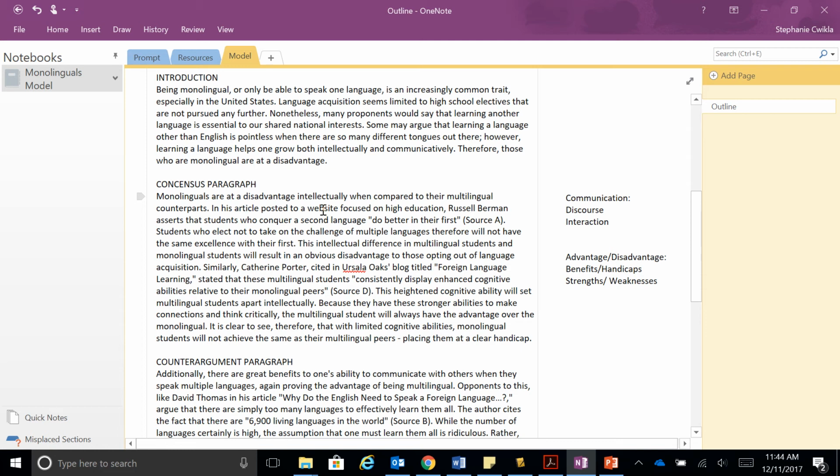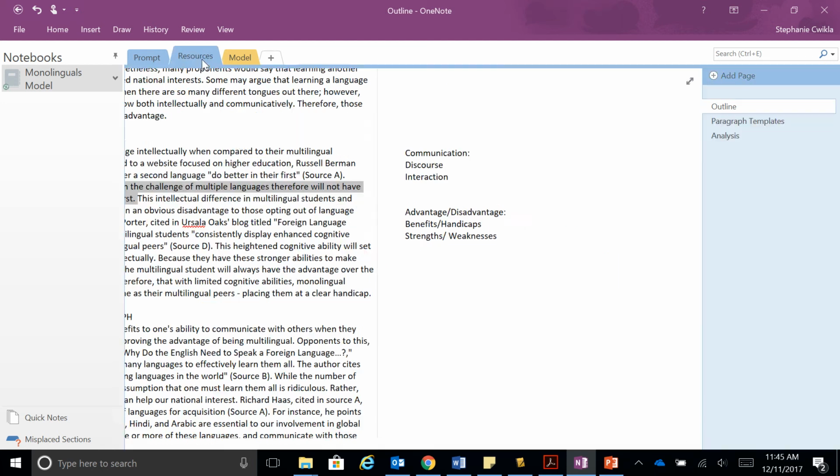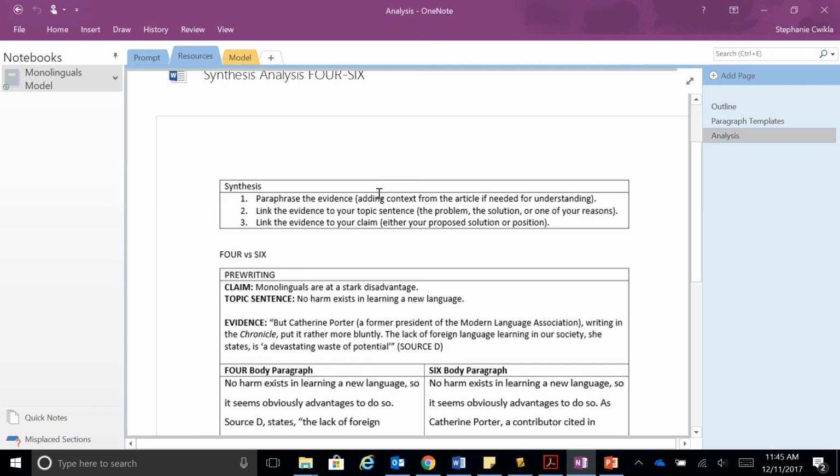In his article posted to a website focused on higher education, Russell Berman asserts that students who conquer a second language do better in their first. Students who elect not to take on the challenge of multiple language therefore will not have the same excellence with their first.